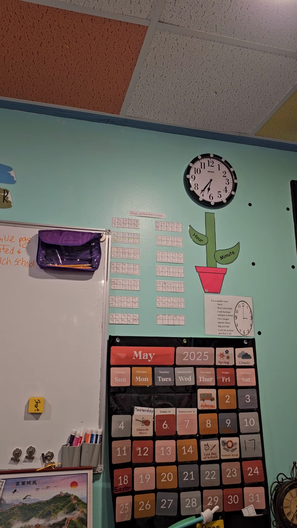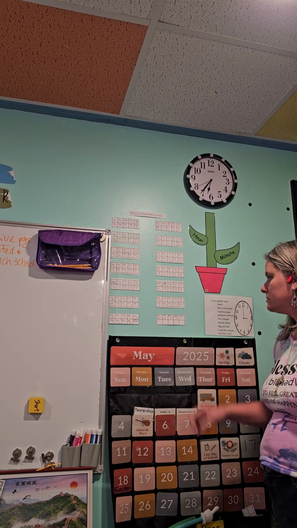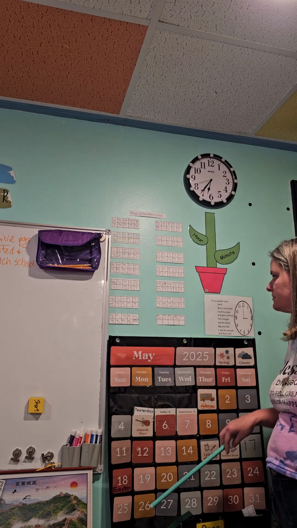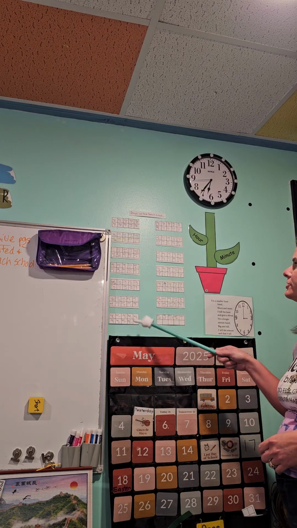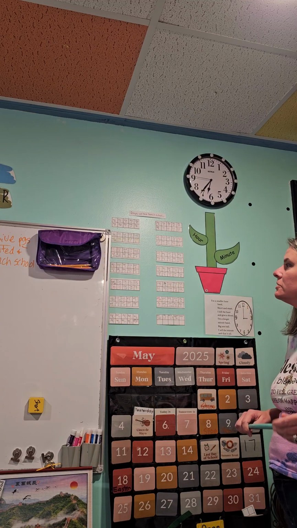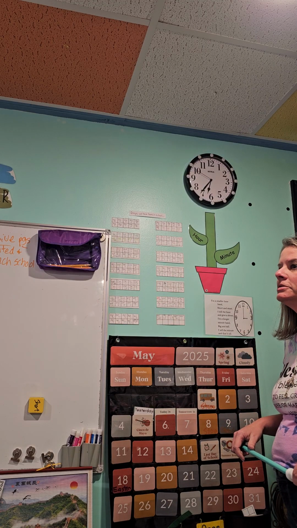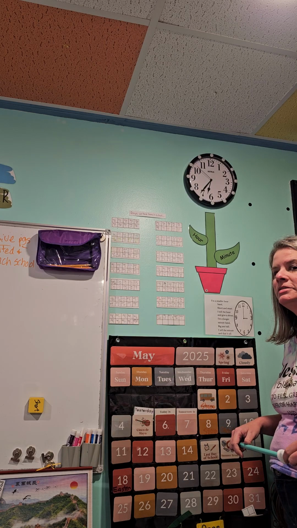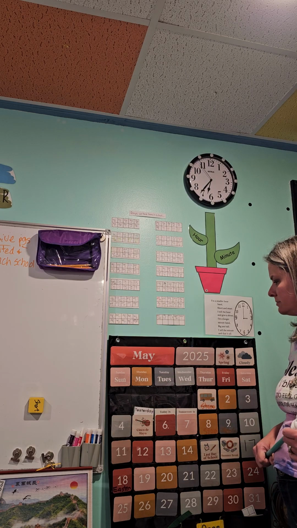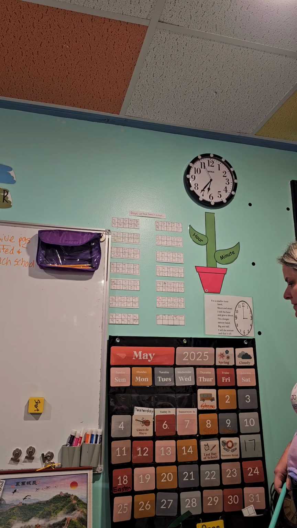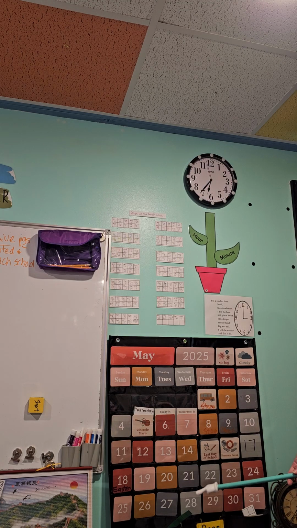So Bea, make sure you mark May 6th on the 10 frame and make sure you count them. You can pause the video and then unpause it when you're done. It shouldn't take very long. And once you've come back from pausing the video, make sure you do the calendar with everyone.